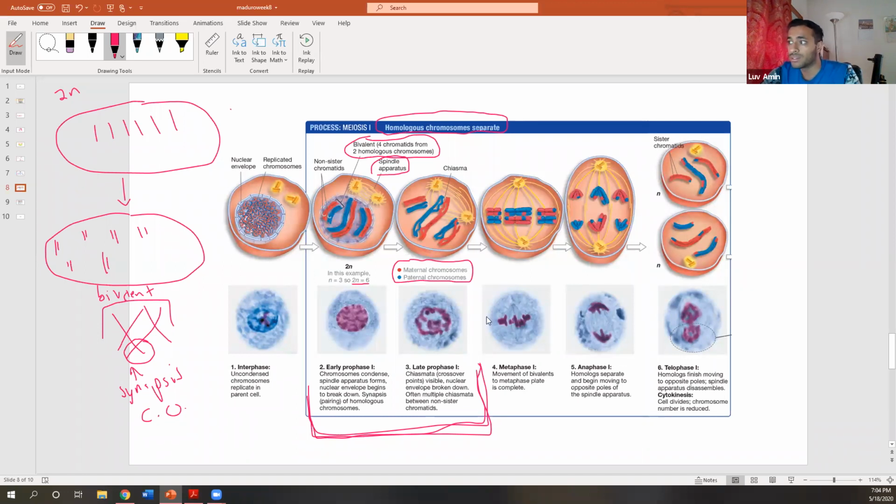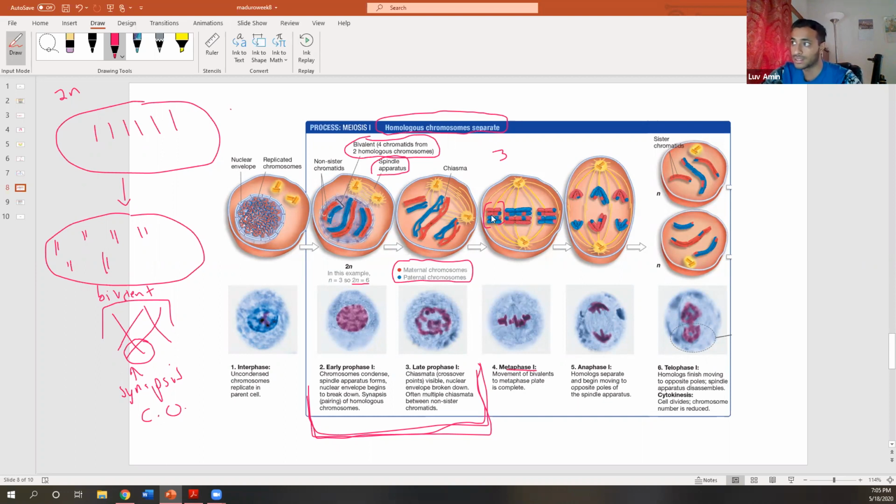Now, we move on to the next step, which is metaphase 1. In metaphase 1, our chromosomes are still set as bivalents. These are homologous chromosomes joined together as bivalents. So if Dr. Maduro asked, in this case, how many bivalents do we have? Well, we have 3, okay? Because remember, bivalents include 2 homologous chromosomes joined together, or 4 chromatids.